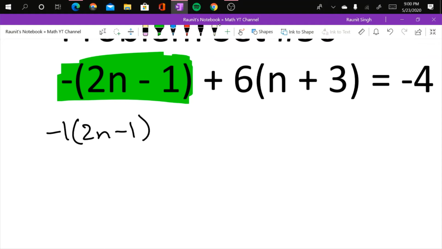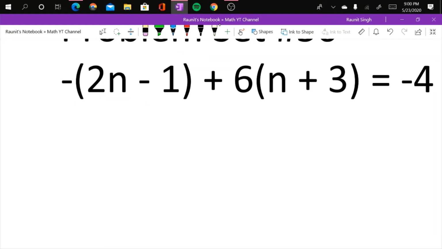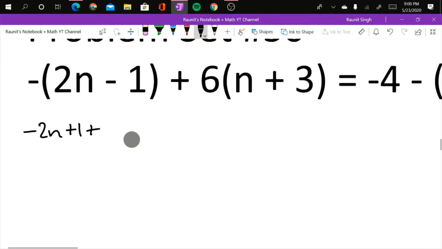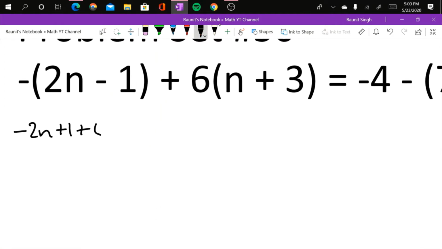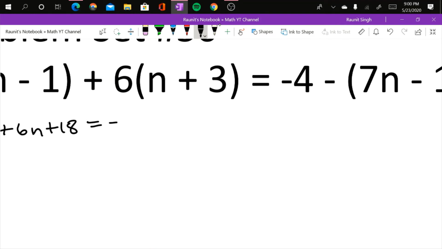Okay, so let's just do that really quickly. So we get negative 2n, and then negative times negative is positive, so plus 1. And then we have plus 6 times n, which is 6n, plus 18, 6 times 3 is 18, which is equal to negative 4 minus 7n.